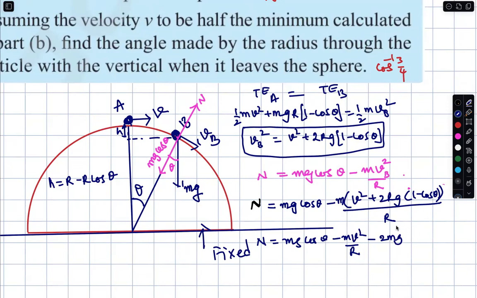Minus 2mg, minus of minus, so plus 2mg cos theta.